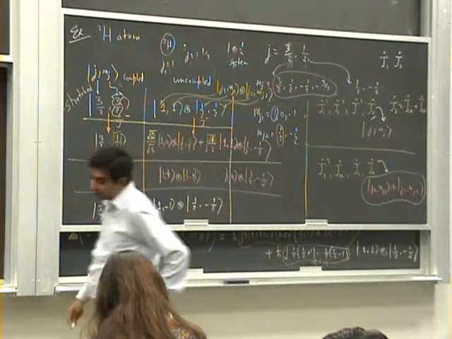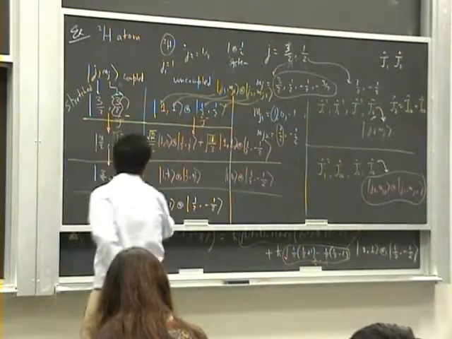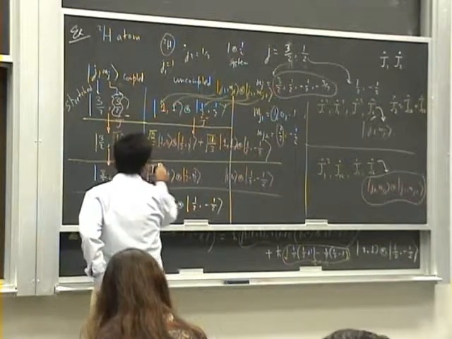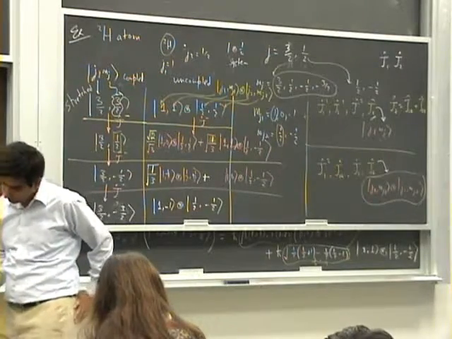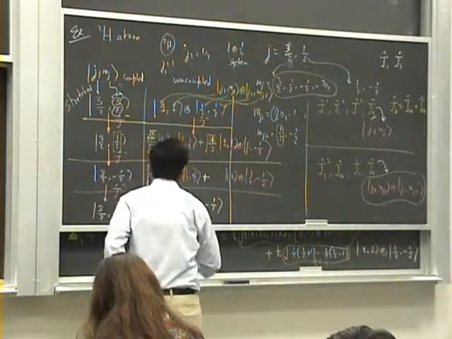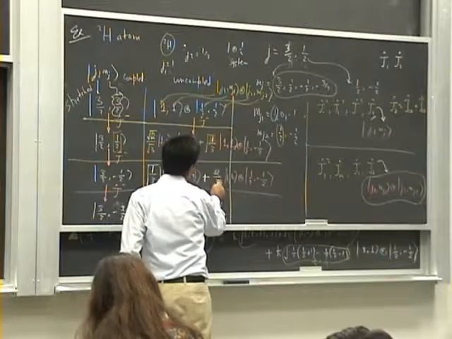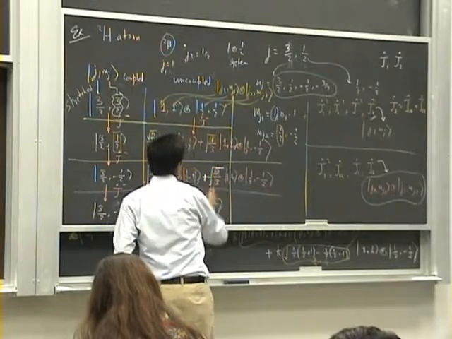If you repeat the same procedure, the Clebsch-Gordon coefficients turn out to be 1 over root 3 and plus 2 over root 3.